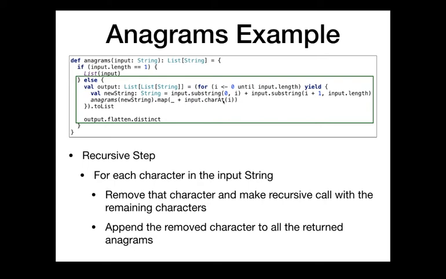And then append the character that we removed to the end of each string in that list. So each anagram in that smaller string, we're going to append that removed character to every single anagram of that smaller string. And then combine all of those lists for each of the characters we removed, append all of those lists together into one larger list, and return that one with the duplicates removed.